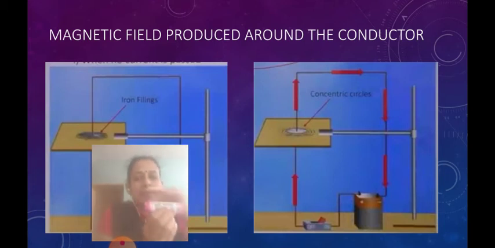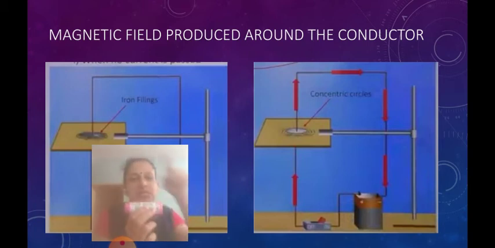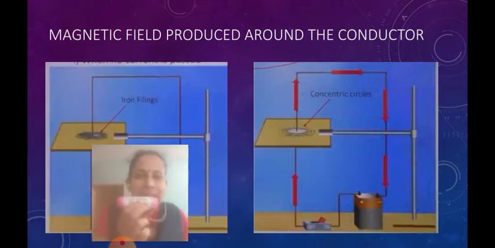You know that the magnetic field line starts from north and travels till south, outside the magnet. So it starts from north and ends in the south. Inside the magnet it travels from south and goes out till north. In this way is the direction of the magnetic field lines.